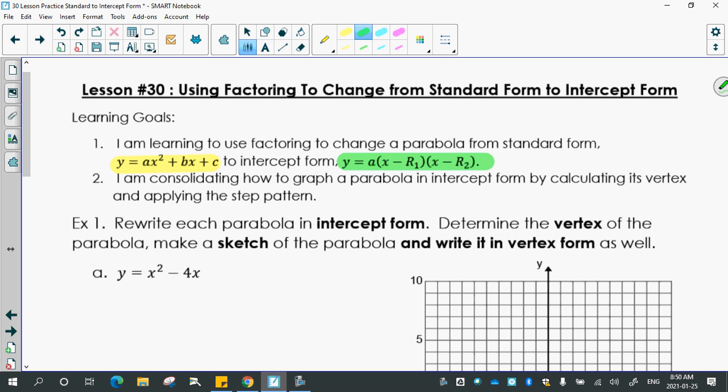All right. And then we had our formula of how to, I'll write that on the chalkboard here. So we had our intercept form, R1 and R2 are the x-intercepts.